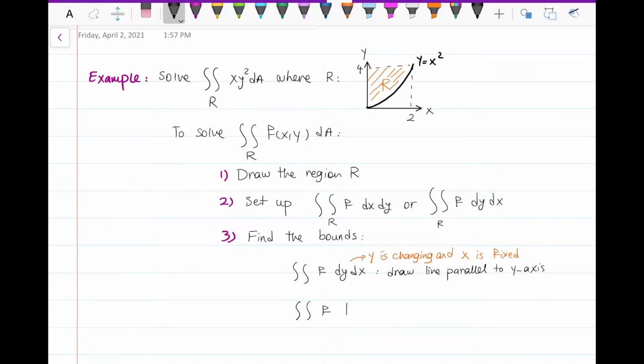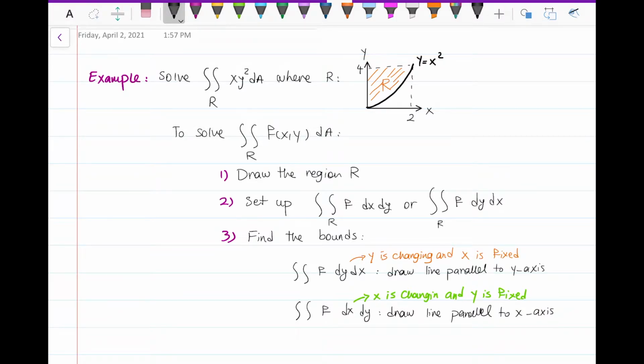When we have dx dy, since the inner integral has dx, it means that x is changing and y is fixed, y is a constant. So in that case, when you want to set up the bounds, it's good that you draw a line parallel to the x-axis.